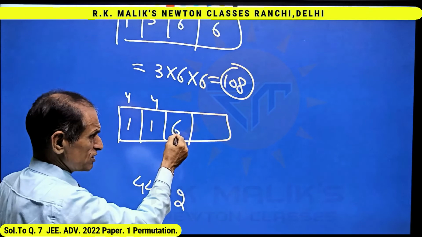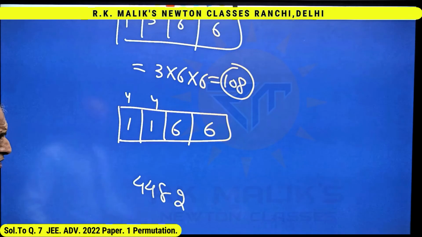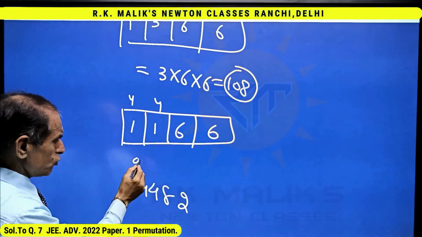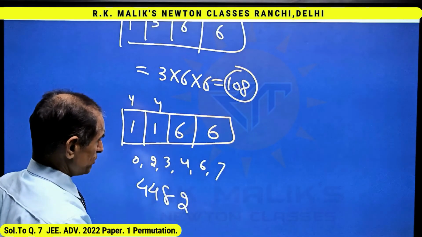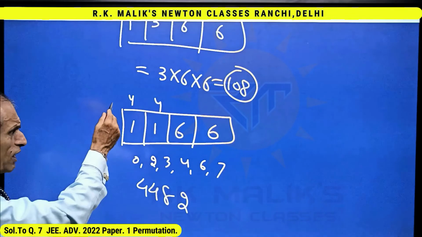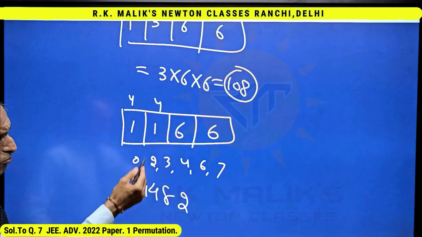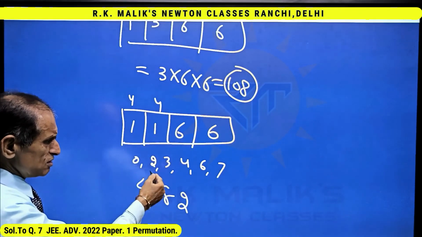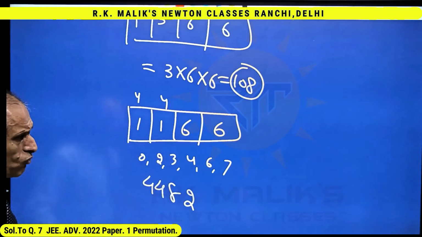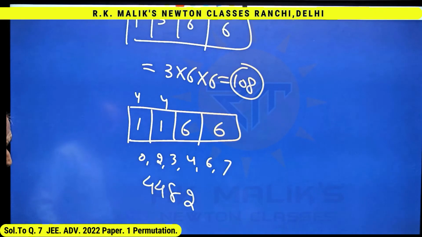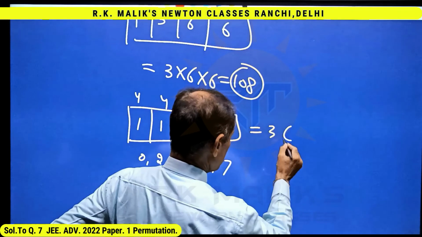This place is filled in 6 ways, and again this place is also filled in 6 ways because digits to be used were 0, 2, 3, 4, 6, 7. Once 4 has come in first place, 4 has come in second place, by whichever digits these two places are filled, the number formed is going to be less than 4482. Hence, in this case, 36 numbers are formed.